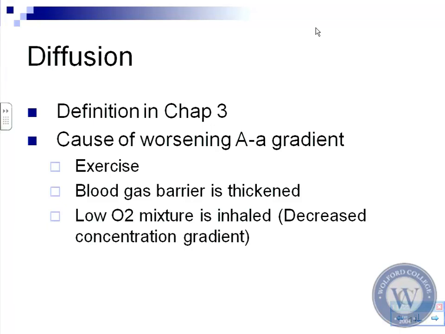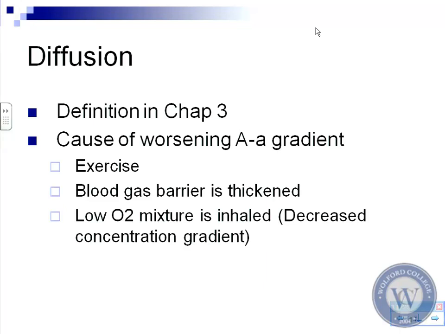So diffusion is the next problem. Diffusion is a lot more rare. What you see is basically an inability for the gas to transfer through the alveoli into the capillary system, which usually indicates that there's something wrong with the alveolar membrane wall. Things that will cause problems with this would be pulmonary edema, for example.